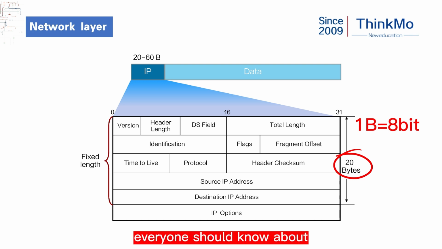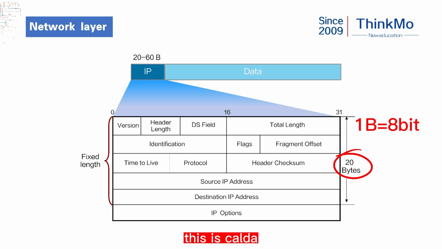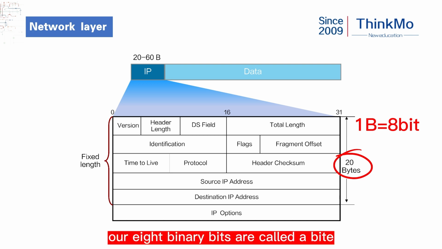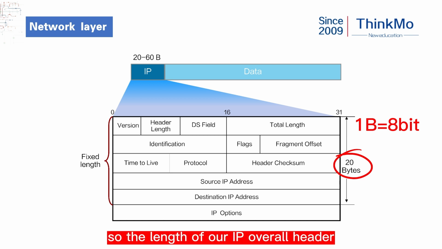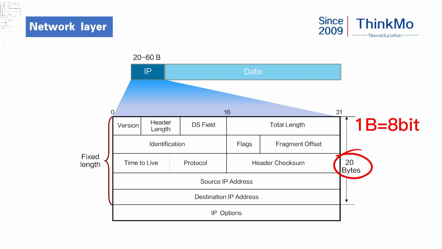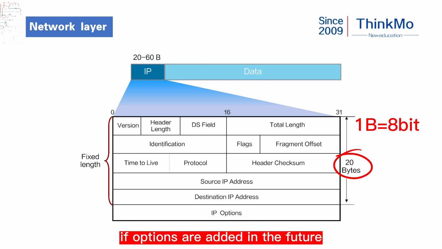Everyone should know this conversion relationship. 8 binary bits, like 10100101, are called a byte. So the length of our IP header has a fixed length of 20 bytes. There is an options field behind it, but it's basically useless. If options are added in the future, then it will take up some extra bits.